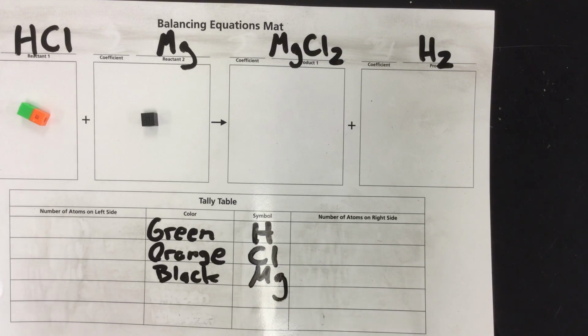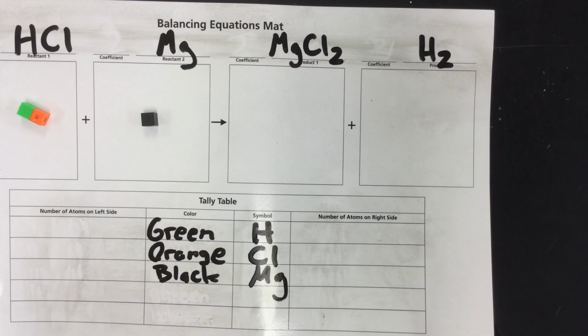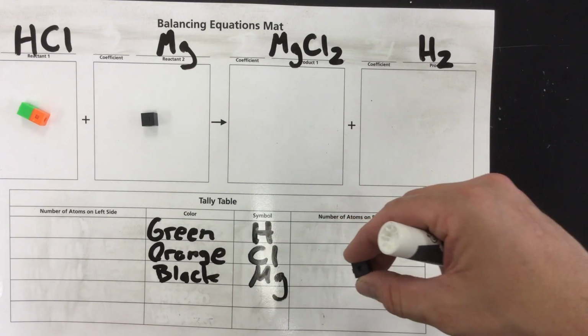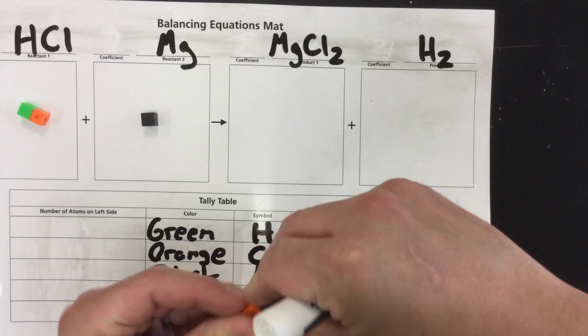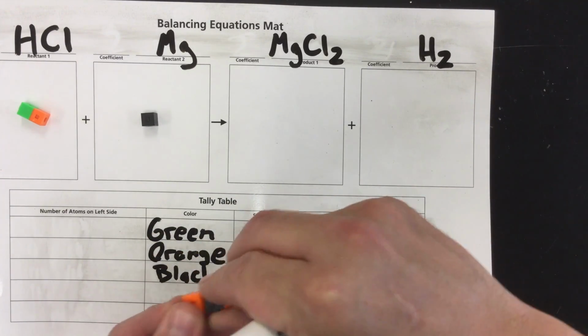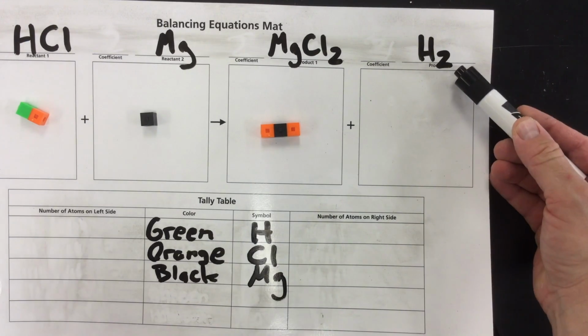Now over in the products, MgCl2, which, if you do the crisscross method, is the formula for magnesium chloride. So we need one magnesium and two chlorine atoms, and we'll put those together here. Again, each block represents one atom in our reaction. H2, we're going to connect two greens because the formula here is H2.